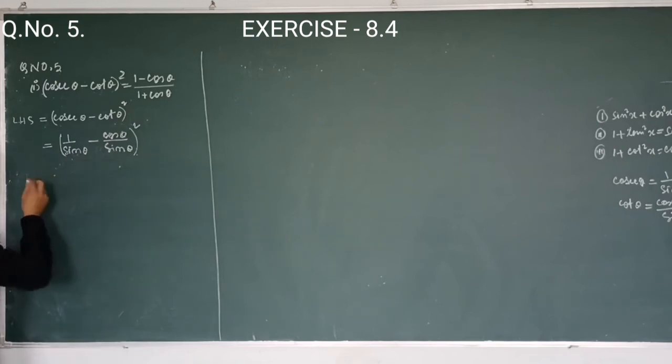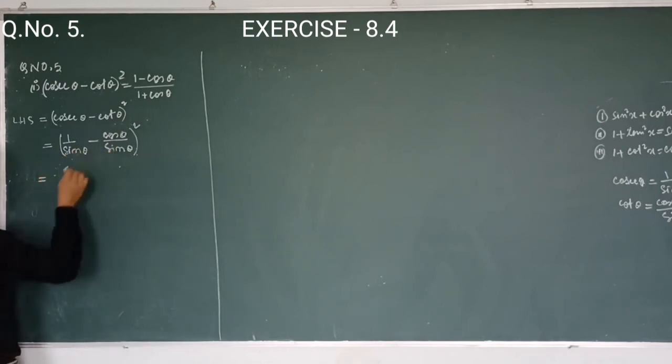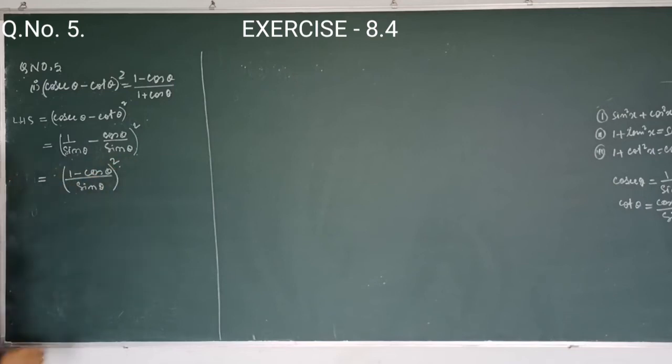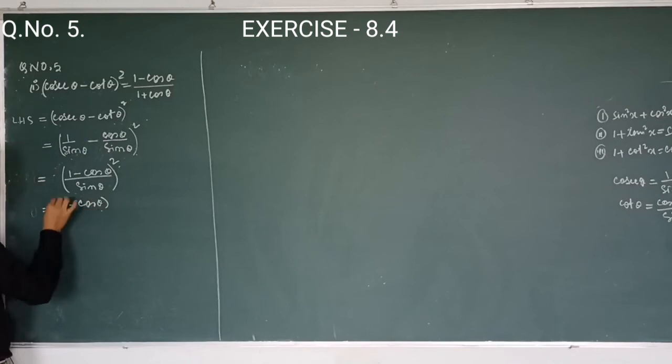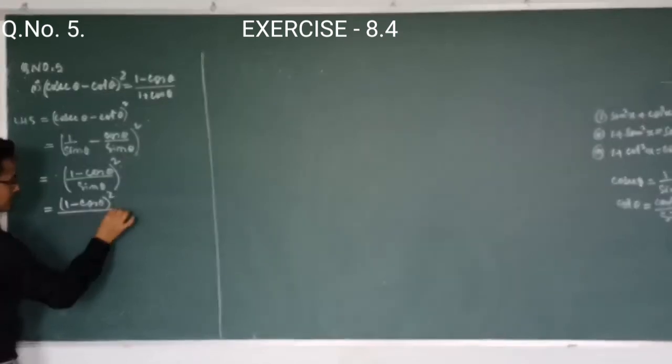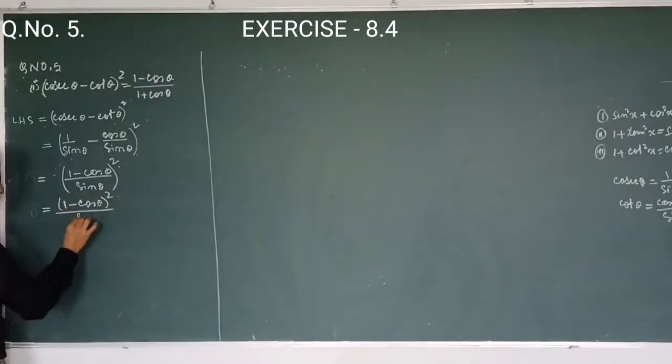Now we take the LCM. This is (1 minus cos theta) by sine theta, whole square. Now I distribute this square: (1 minus cos theta) whole square over sine square theta.